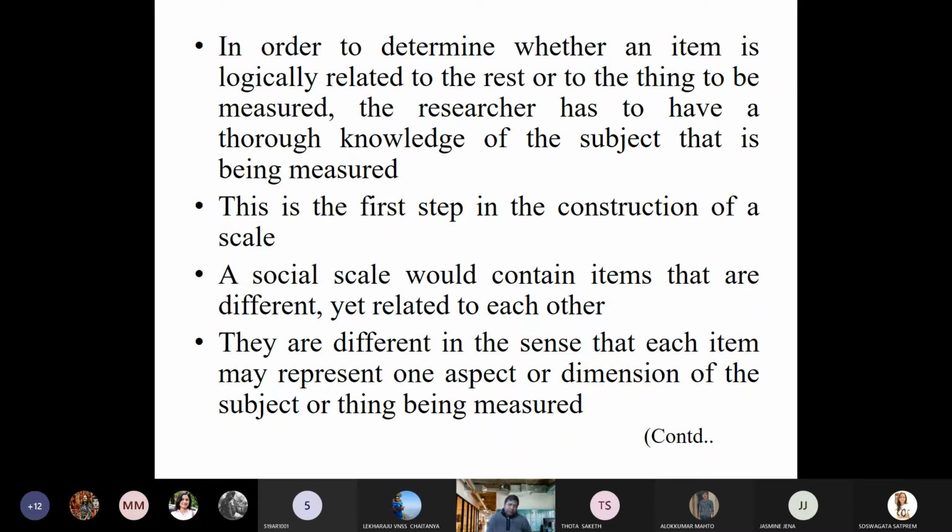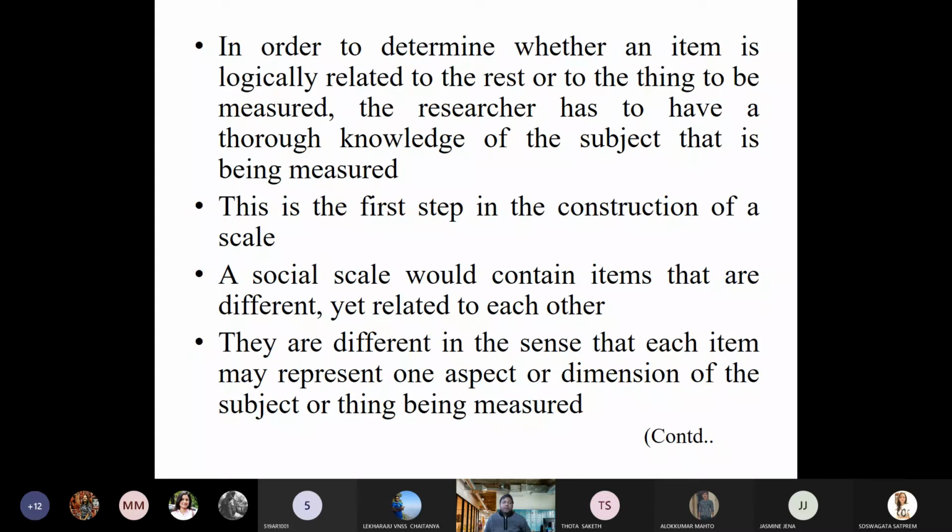When we are measuring one aspect or dimension of a subject, I am understanding things from a different sense, which means that each item should represent the subject which is going to be measured.